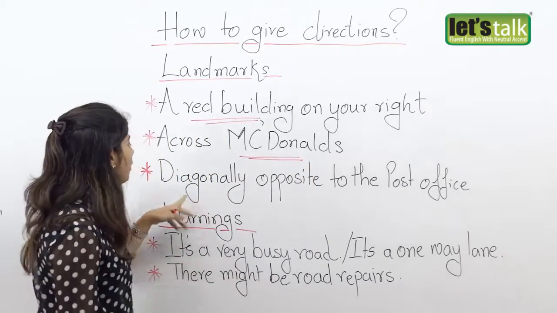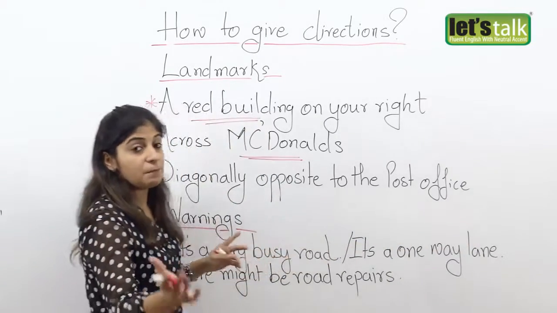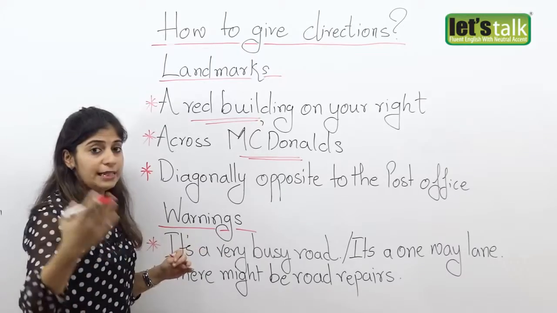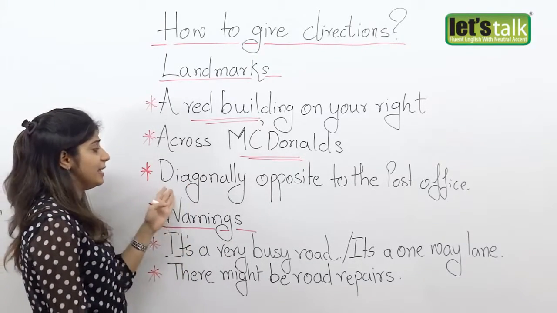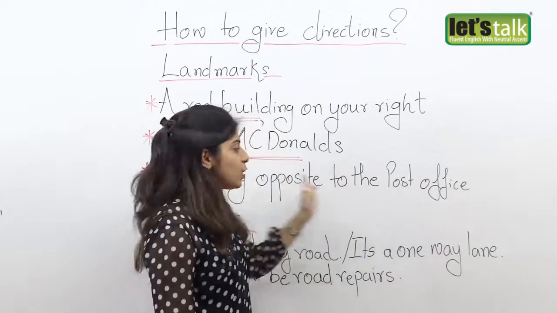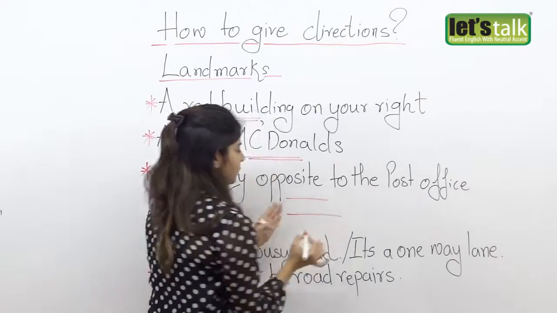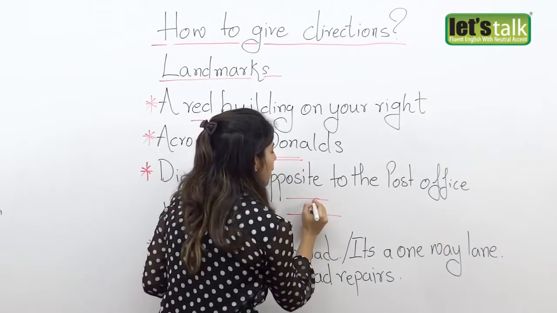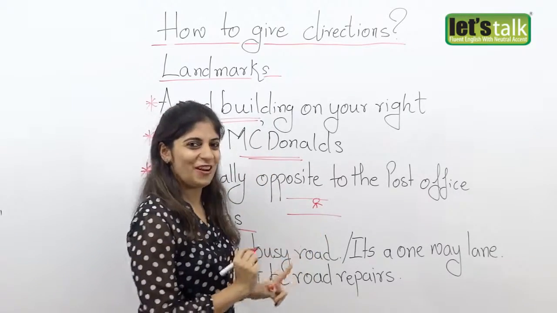The other one over here is diagonally opposite to the post office. If I'm asking for the nightclub, then the person can tell me that it is diagonally opposite to the post office. So what is diagonally? For example, this is the road. This is where you are. It's just a funny drawing, isn't it?